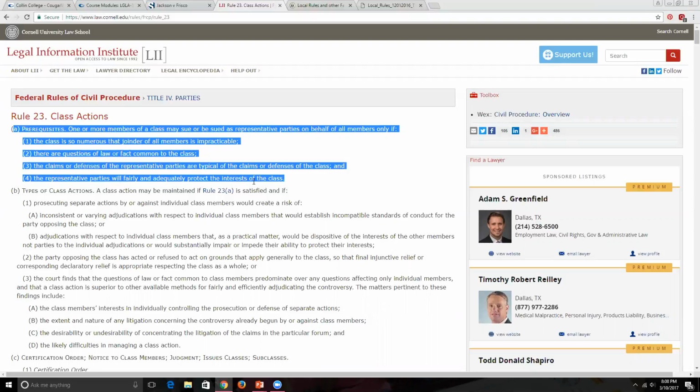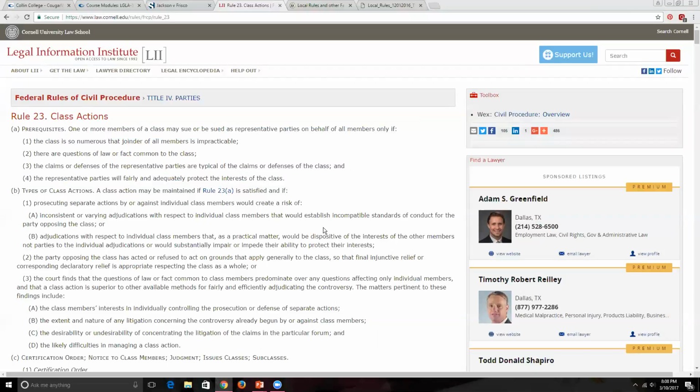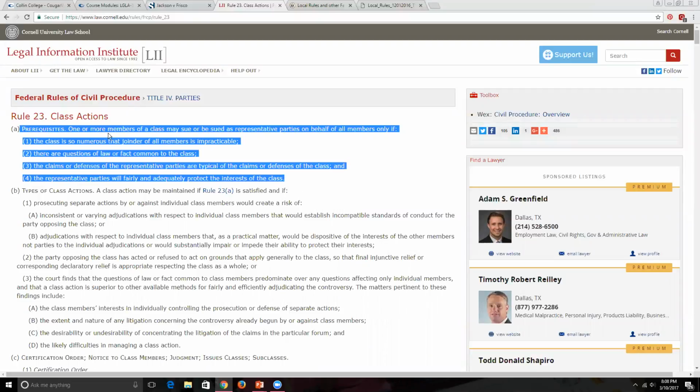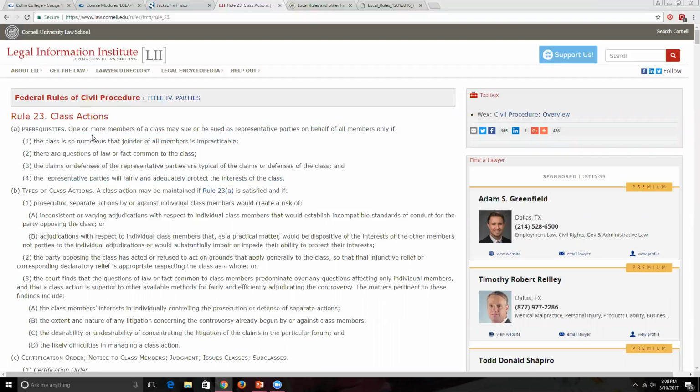Let me talk for a second about something I haven't pointed out yet here about the rules. I'm going to make the blue go away. When you read rules like this, and this isn't a long list, but in statutes and in rules, sometimes you'll have a list, not 4 items, but there might be 40 items. And so when you sit down to read it, you really don't read it from top to bottom.